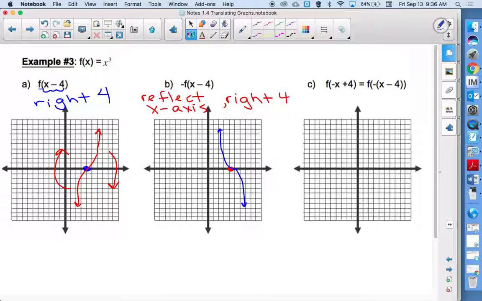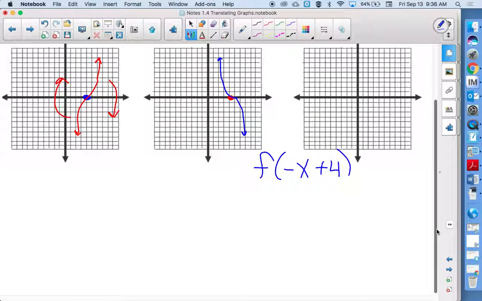The last one, notice there's two different ways that it's notated, and this is the one that's a little confusing. I think there's one on your homework like this. This part right here says f and then negative x plus 4. Anytime you apply something inside the parentheses, it gets applied to all of the pieces of the parentheses.